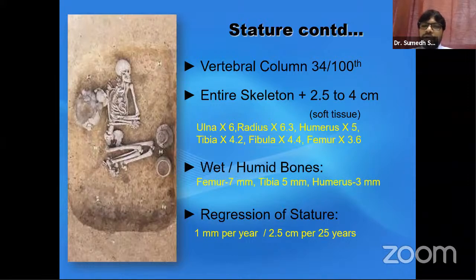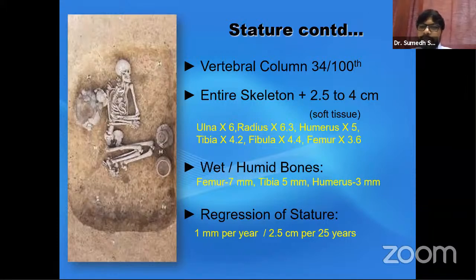Then the vertebral column is about 34/100 of the total stature. Then for the entire skeleton, add 2.5 to 4 centimeters for soft tissues. Whenever you are including soft tissues, a certain constant has to be added. That indicates the height. If you are getting only the ulna, multiply by 6 and you will get the average height.